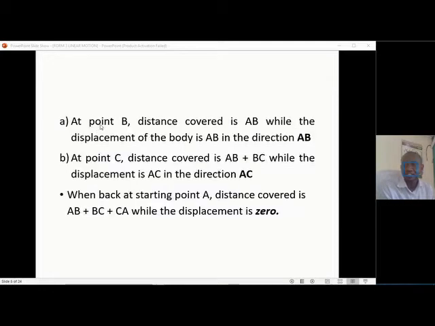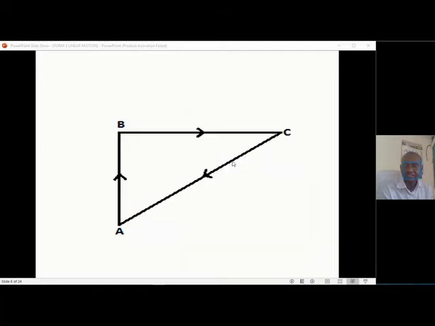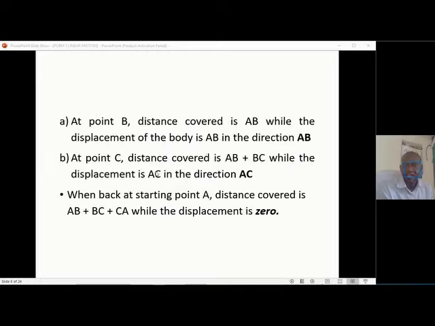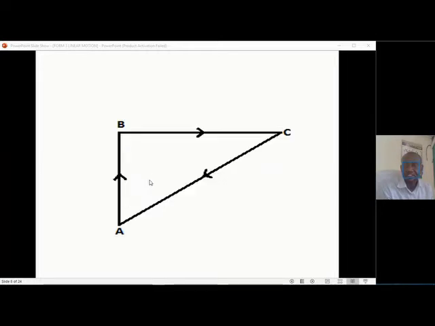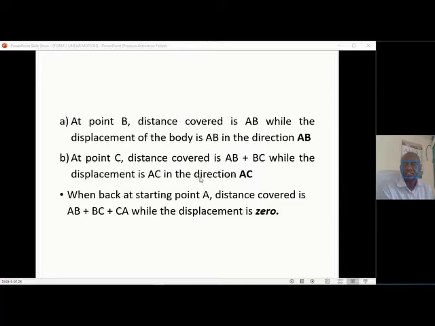So you can say at point B, distance covered is AB, while the displacement of the body is AB, in direction AB. At point C, the distance covered is AB plus BC, while the displacement is AC, in the direction AC.